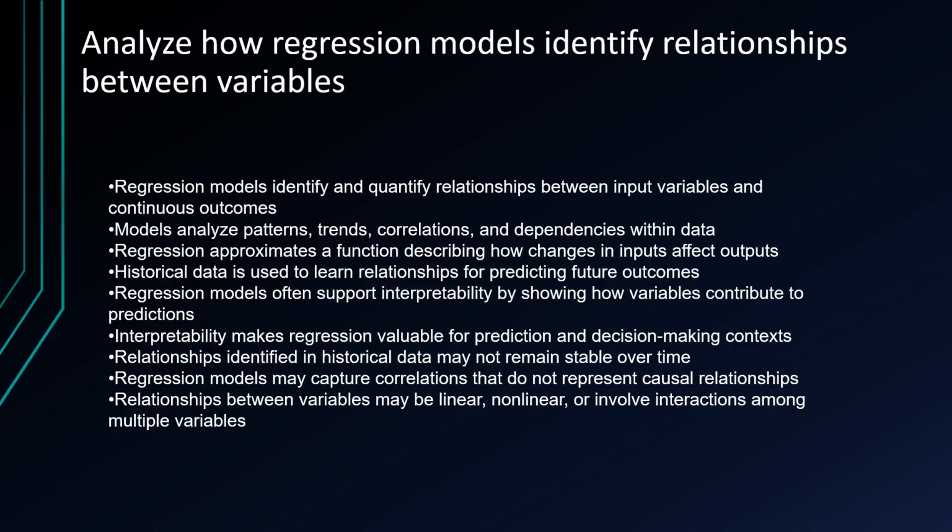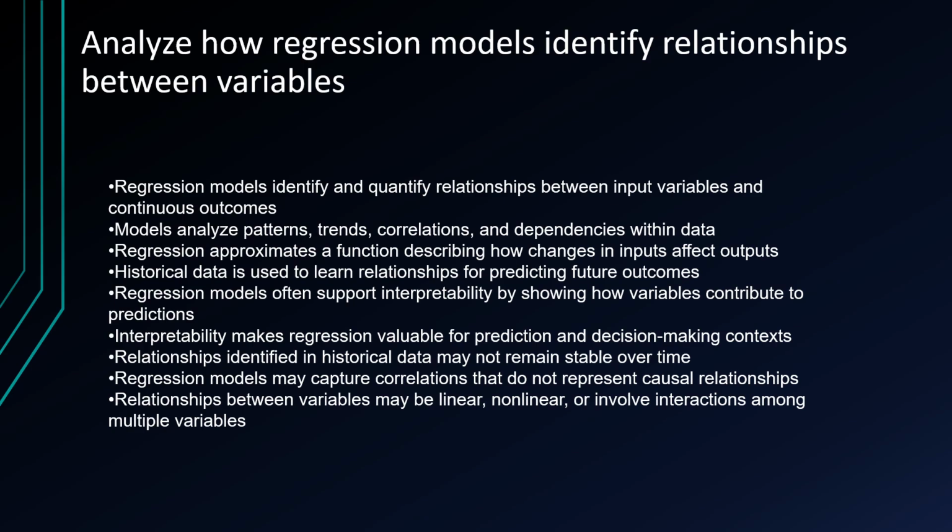Additionally, relationships between variables are not always simple or linear. Some relationships may involve nonlinear patterns, where changes in one variable produce disproportionately large or small changes in the outcome. Modern regression techniques are capable of modeling increasingly complex relationships, but higher complexity can also reduce interpretability and increase computational demands.